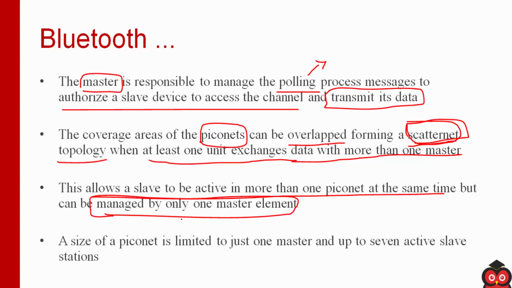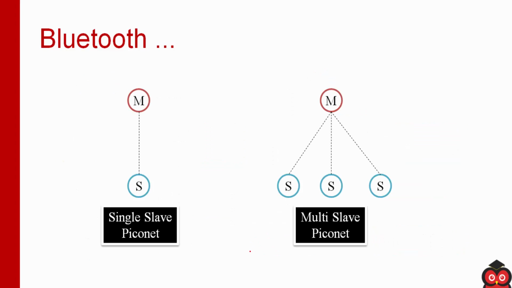Even though it is active in 2 Piconets, it is managed by only one master, so the control commands will be sent by only one master, not both masters. The size of a Piconet is limited to one master and up to 7 active slave stations. This is a limitation which we have already seen.